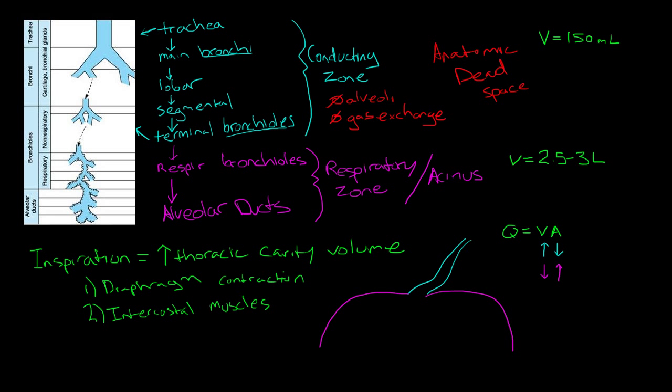And you can see how in this mechanism we keep flow constant. And then I just want to apply terms here. In the conducting zone, this mechanism of flow, this high velocity, low surface area, we're going to call this flow bulk flow. And then in the respiratory zone, this low velocity, high area flow, we're going to call that flow by diffusion.